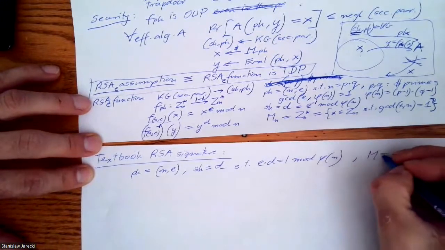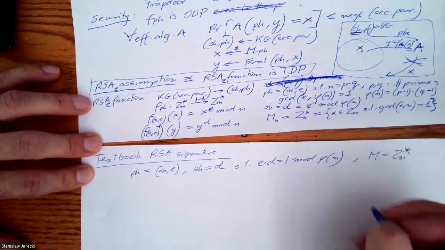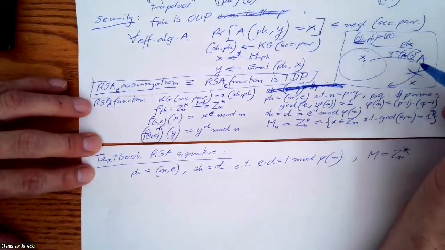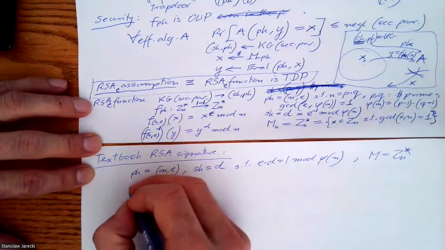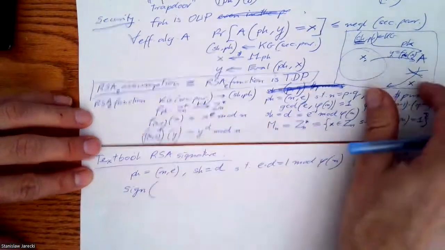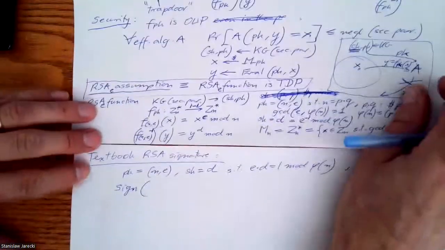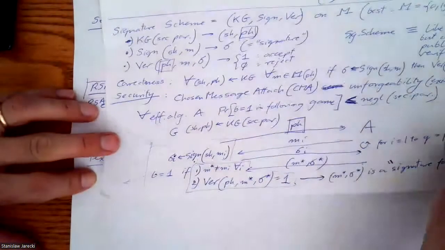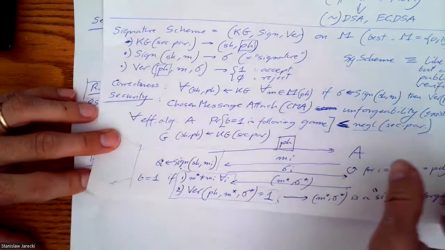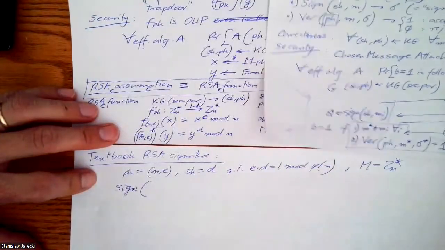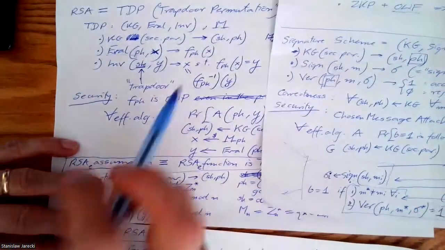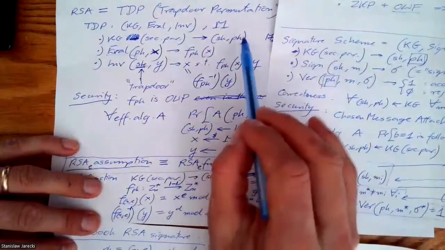The message space is Zn star, the domain of this trapdoor permutation. In a signature scheme, I sign using the secret key and I verify using the public key. Compare the setup between a trapdoor permutation and a signature.